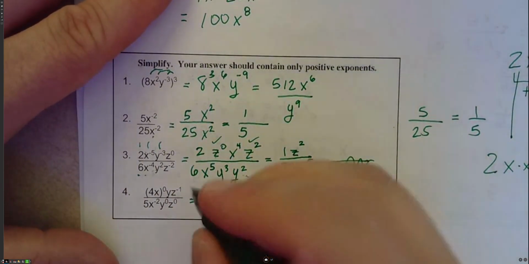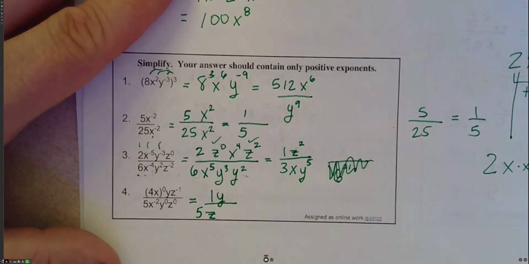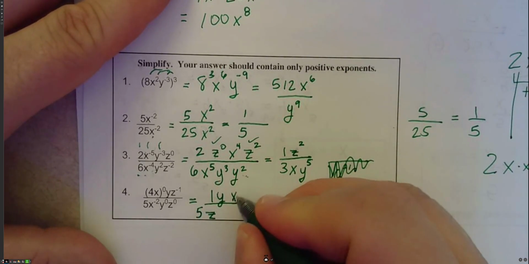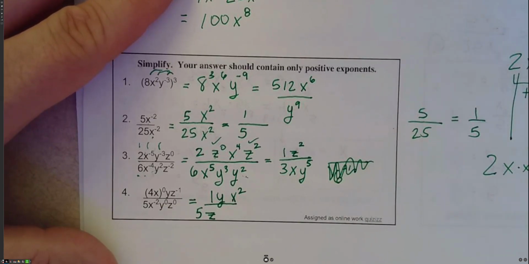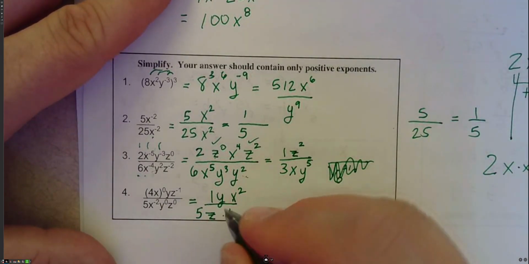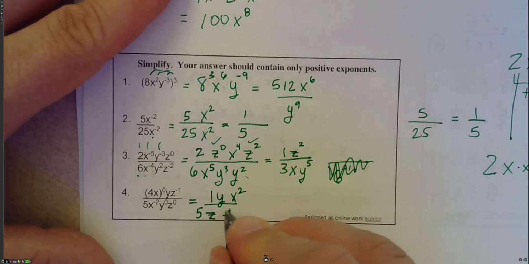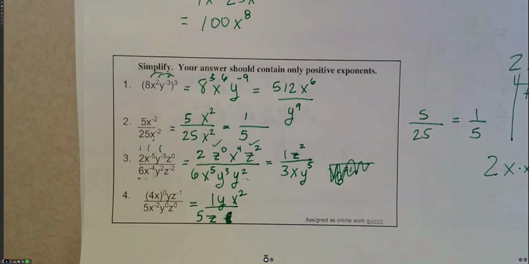The 5 stays downstairs. The X squared goes up. Y to the 0 is 1. I could write times 1 if I wanted to, but I don't have to. Z to the 0 means times 1. So that's my first step, dealing with the negatives and the zeros.